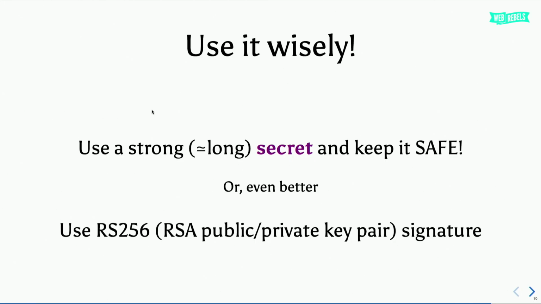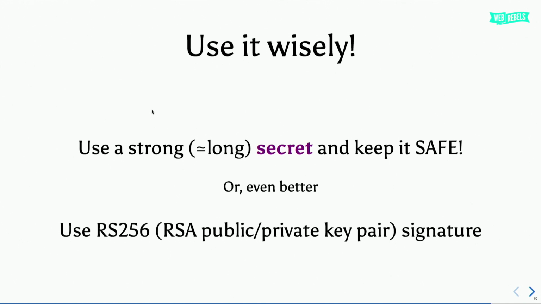So if you are using the symmetric hashing mechanism, like the one we used here, you have to be careful and be sure you are using a very strong and long secret, and that you keep this secret really secret. So keep it only where it needs to belong and don't copy it somewhere else. But there is an even better solution, which is that you can use another algorithm, RS256, that uses a combination of public and private key.